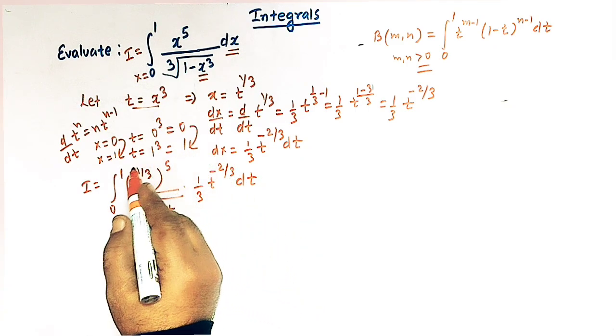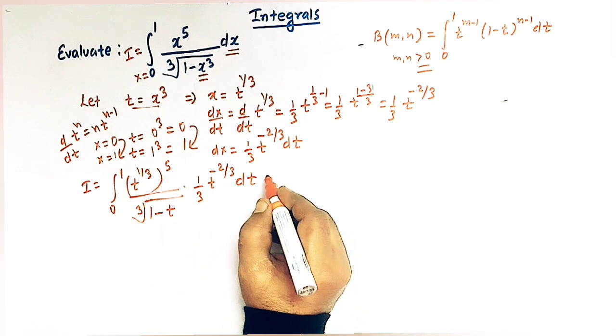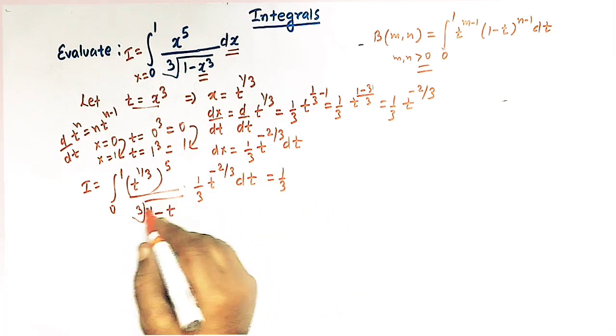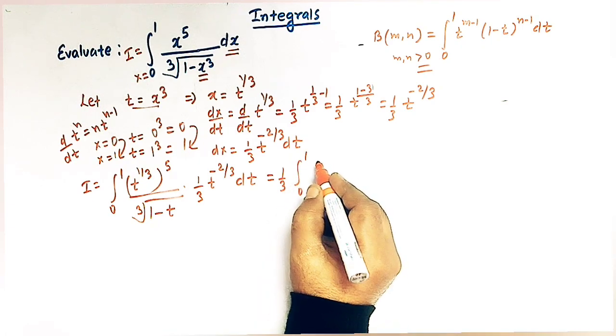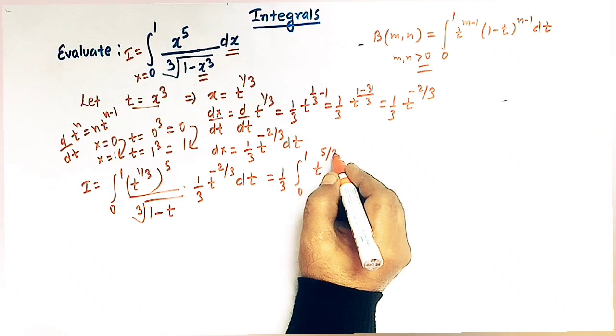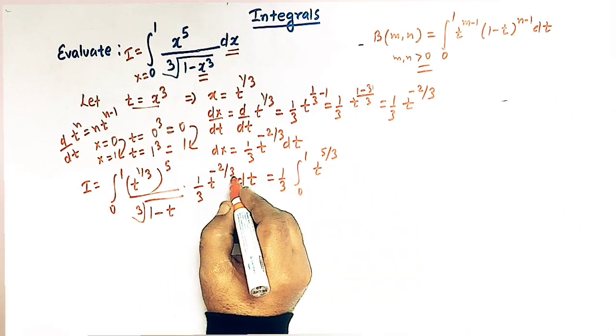Now let us simplify this integrand, taking 1 over 3 outside the integral. We have the integral from 0 to 1 of t raised to 5 over 3, and then t raised to minus 2 by 3.